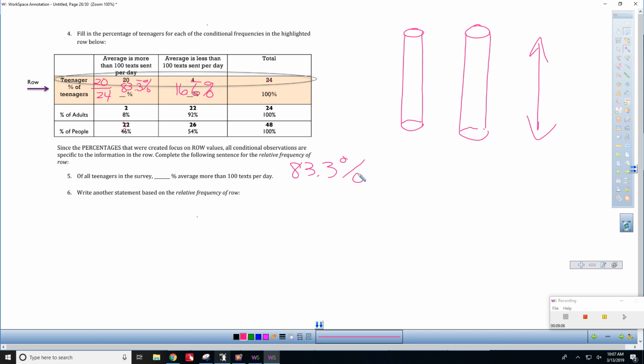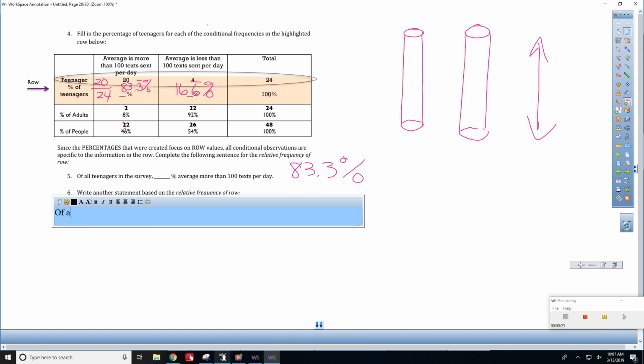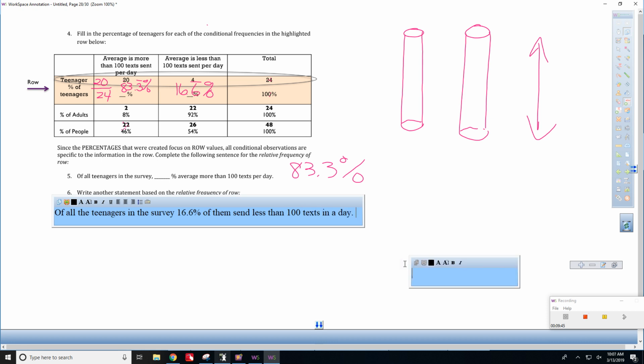Okay, well, of all the teenagers in the survey, this is called the complement. How many? Okay? Moving on.